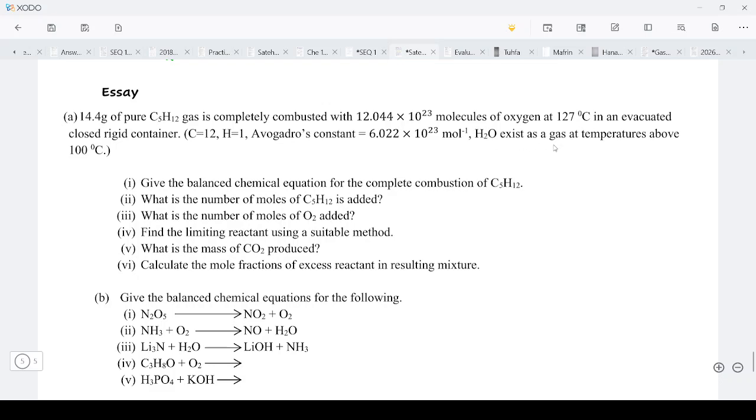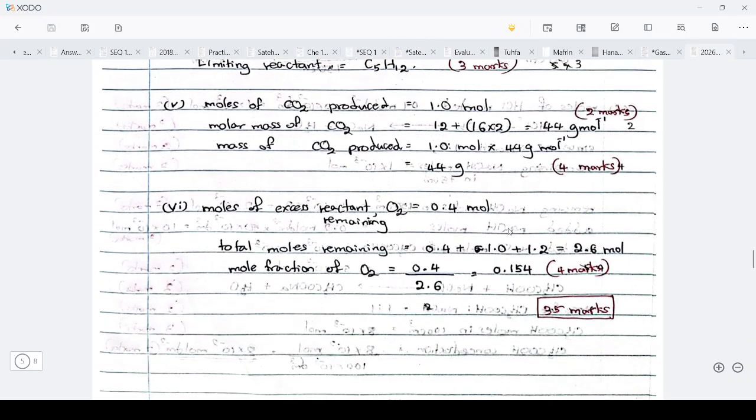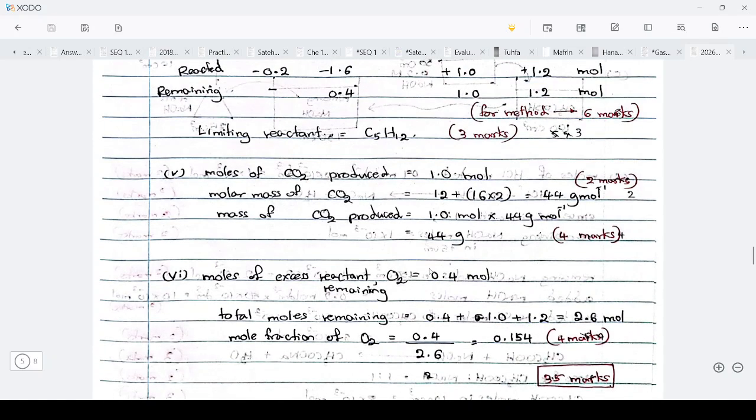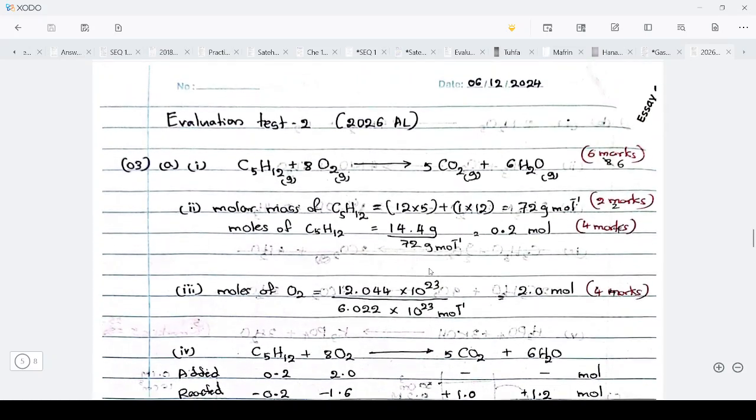Here water exists as a gas. So therefore this is how you find the mole fraction. You add the total number of moles, remaining oxygen, formed carbon dioxide, and formed water. Okay, then you put it as a fraction. Can understand, no? So it's a good question. Try.